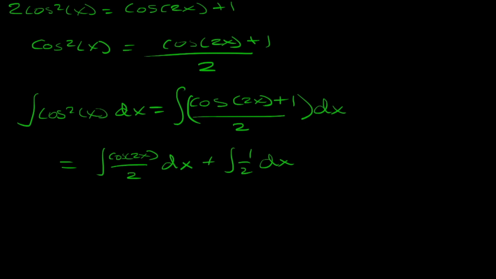So this is going to equal a fourth, because there's already a half over here, so it's 1 over 2 times 1 over 2, which is 1 over 4, sine of 2x, plus the integral of this term, which is just a half x, plus c. So there you have it. This is the integral of cosine squared of x evaluated.